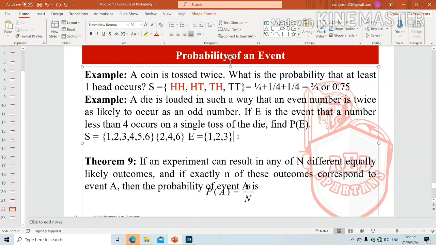So, para makuha natin yung probability ng E or number less than 4, ang 1 is 1 over 9 plus ang 2 ay even. Dalawang beses siya nag-occur. So, ibig sabihin 2 over 9 plus ang 3 ay odd. So, 1 over 9. So, equal to 4 over 9 or 0.44.